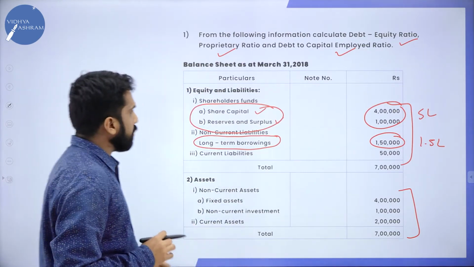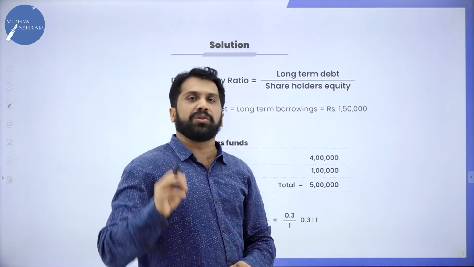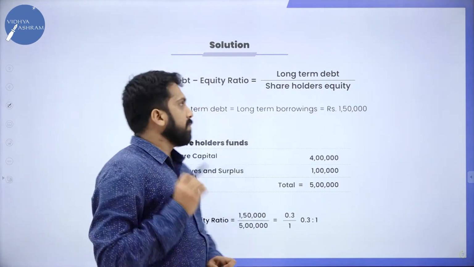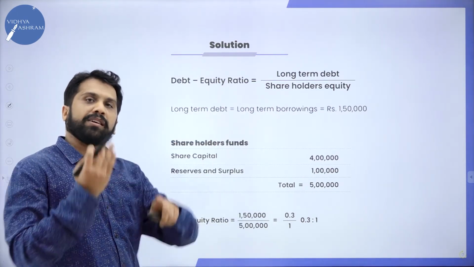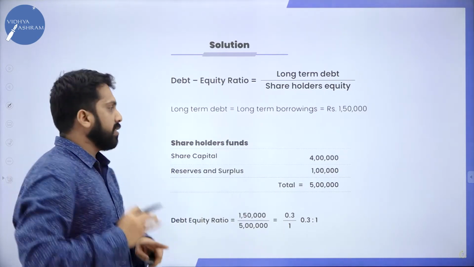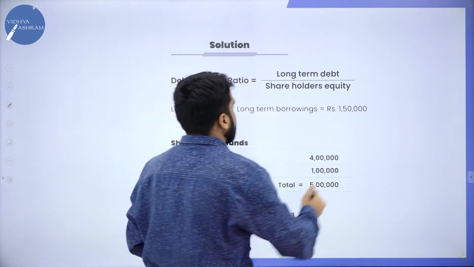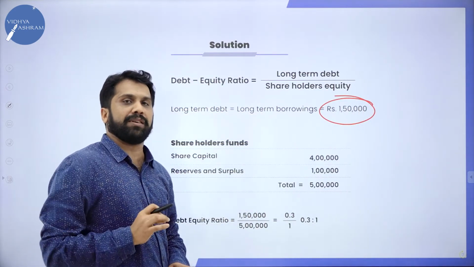Okay. First one, debt equity ratio. You have to remember the formula: long-term debt divided by shareholders fund. Go back to your question. You will get to know what is your long-term debt. Long-term debt as per our calculation is 1,50,000.